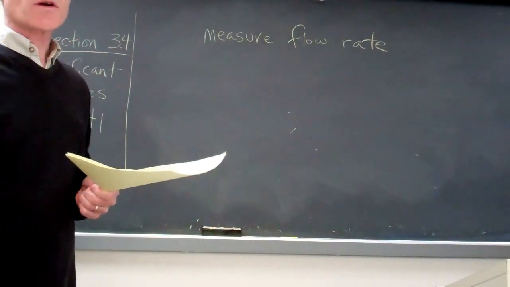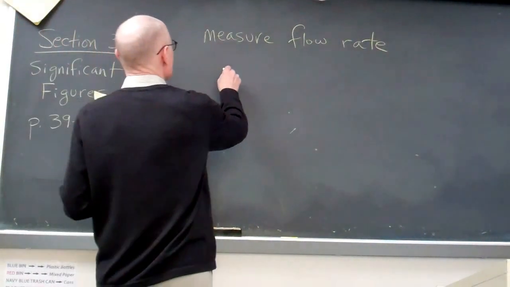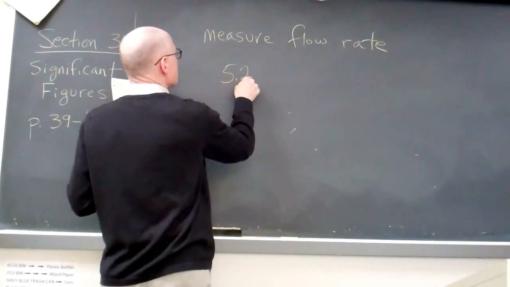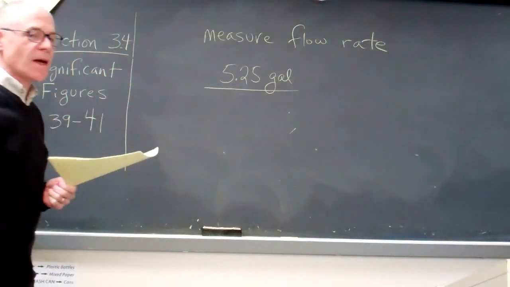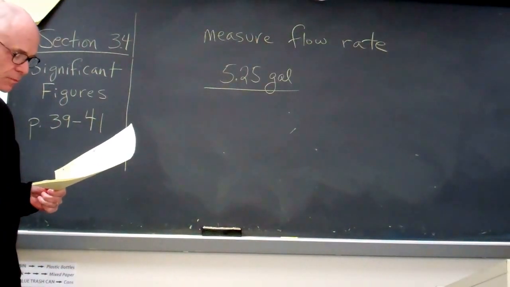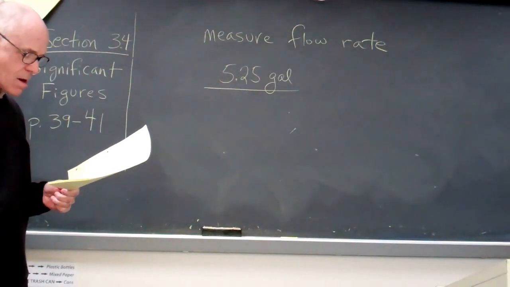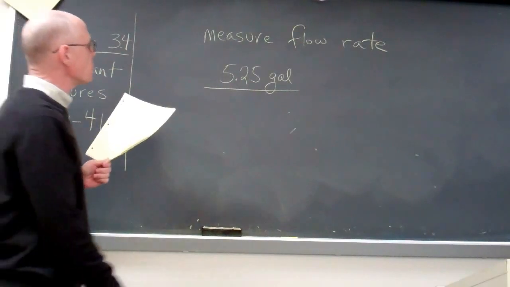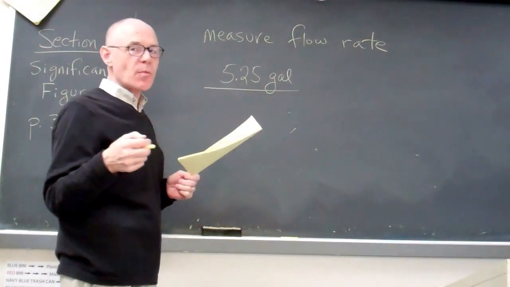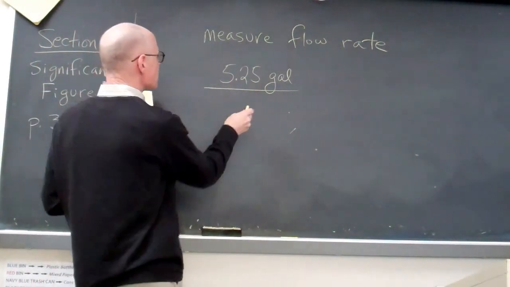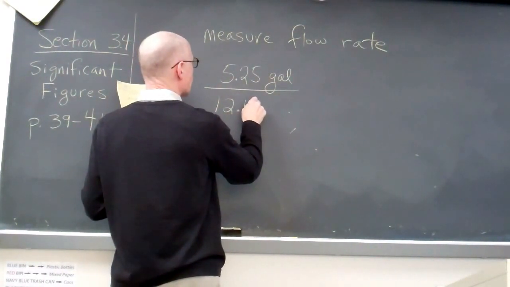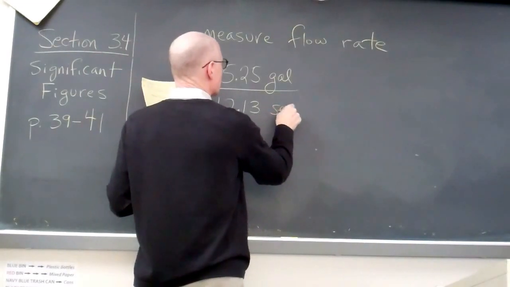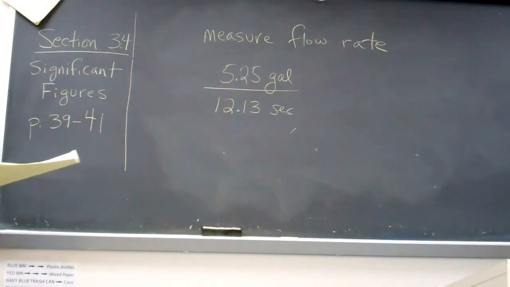So here are the measurements you collect. You collect 5.25 gallons, and you have a stopwatch that goes out to 2 decimal places, and let's say it takes 12.13 seconds.